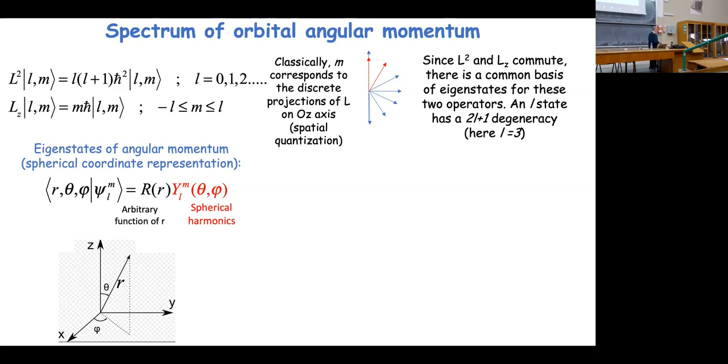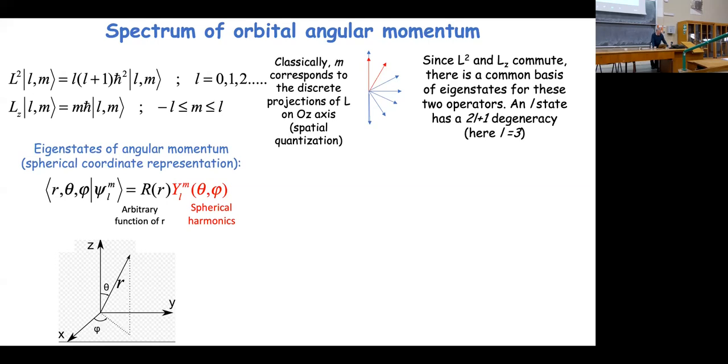In fact, theta and phi are like the latitude and the longitude when you want to point a position on Earth. You have two angles, and you have the distance to the center, which is r. So r, theta, and phi are the spherical coordinates, which are, of course, related to x, y, z. But in spherical coordinates, the physics of angular momentum is much simpler.